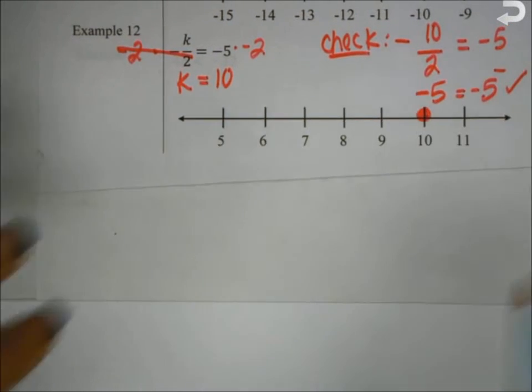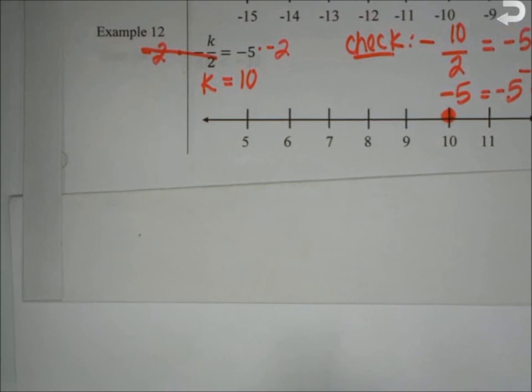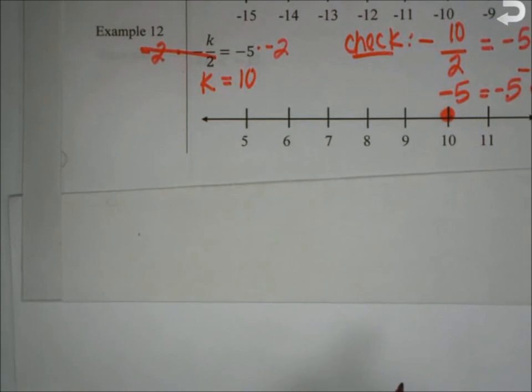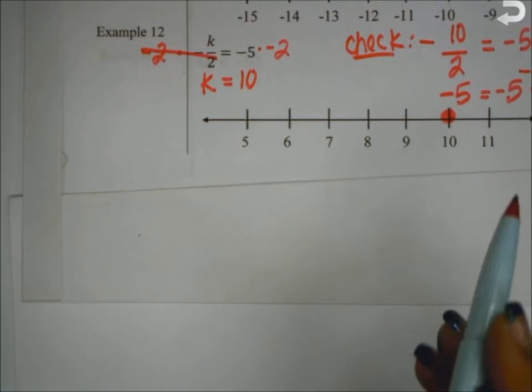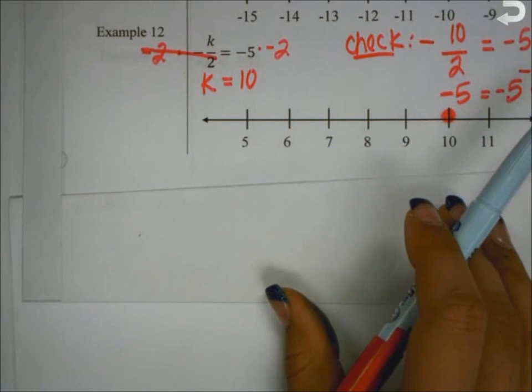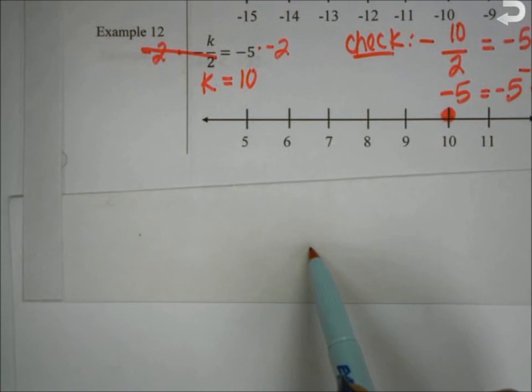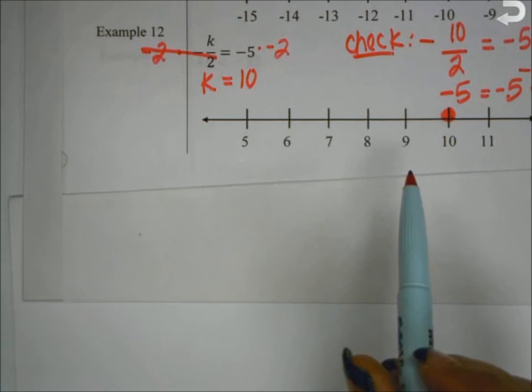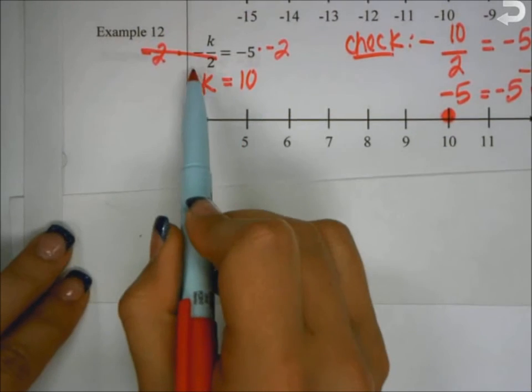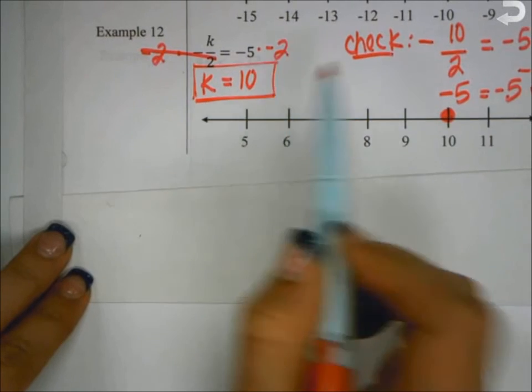Okay, do I have a line here? No. Why not? Okay, why do I not have a line? Because it's just an equal sign.